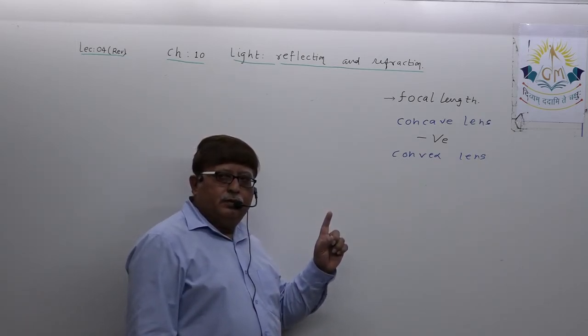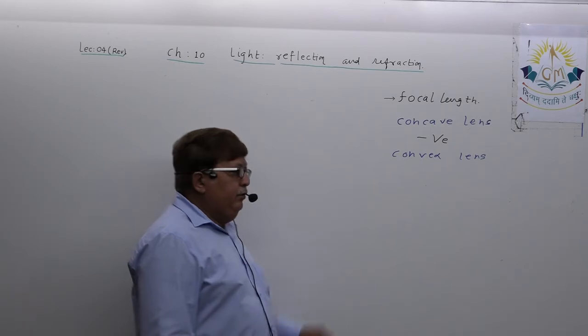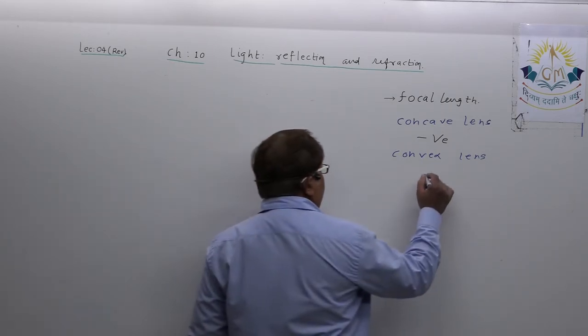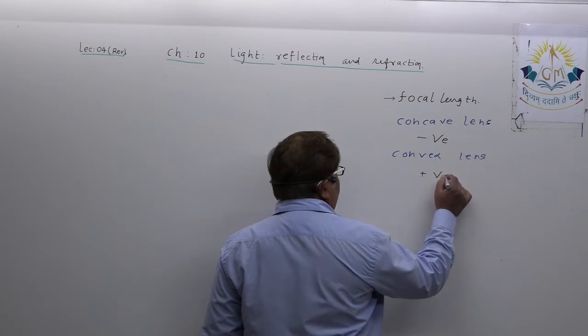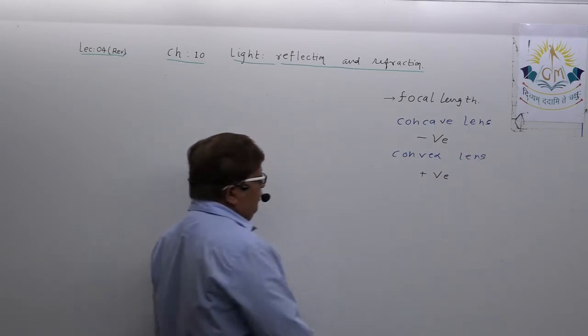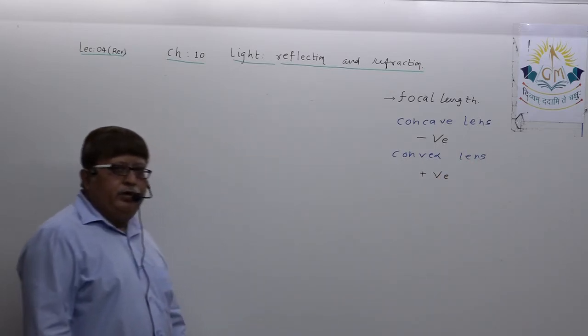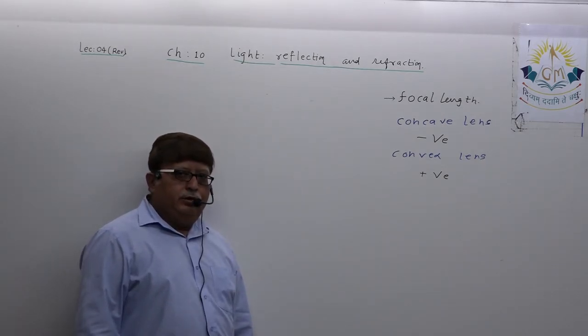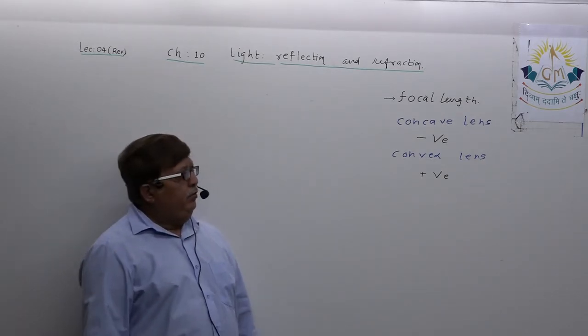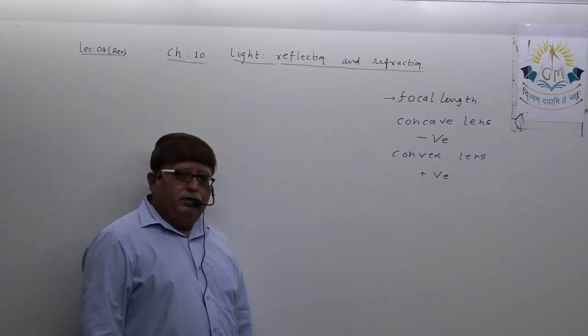Whenever you deal with convex lens, focal length is always positive. This one aspect you need to keep very clear in your mind regarding focal length.